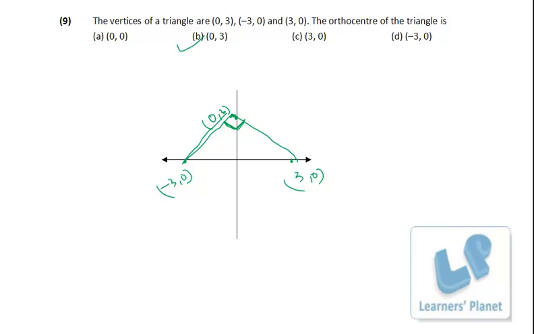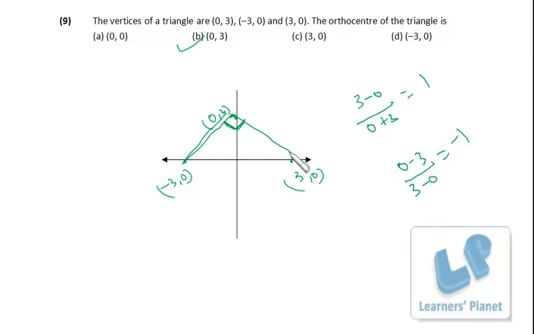How do we find out the slope? y2 minus y1. So this is 3 minus 0 upon 0 plus 3, so that is 1, and this is 0 minus 3 upon 3 minus 0, so that's minus 1. So if the product of the slopes is minus 1, then the lines are perpendicular to each other, right?